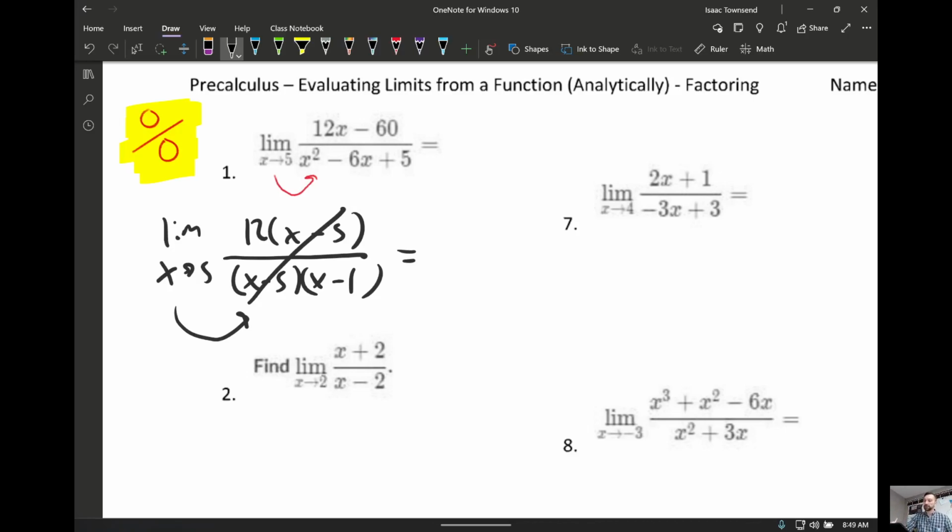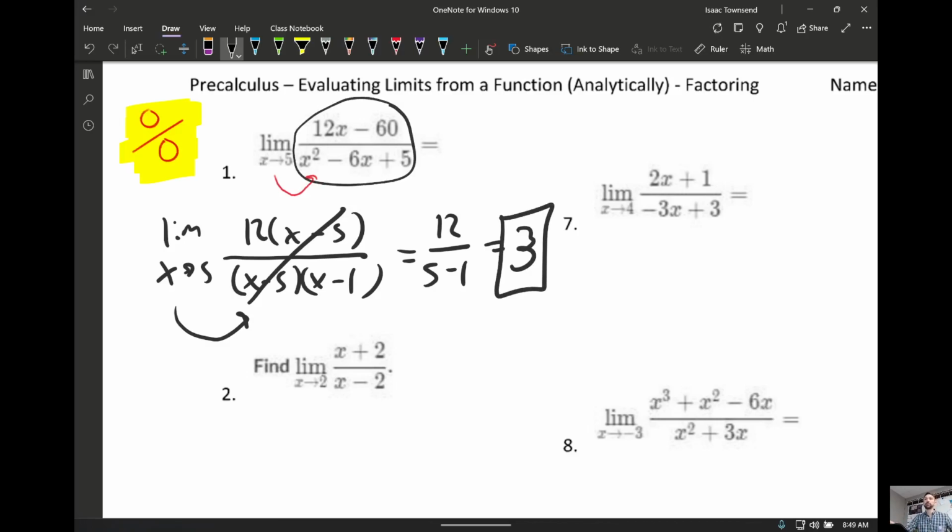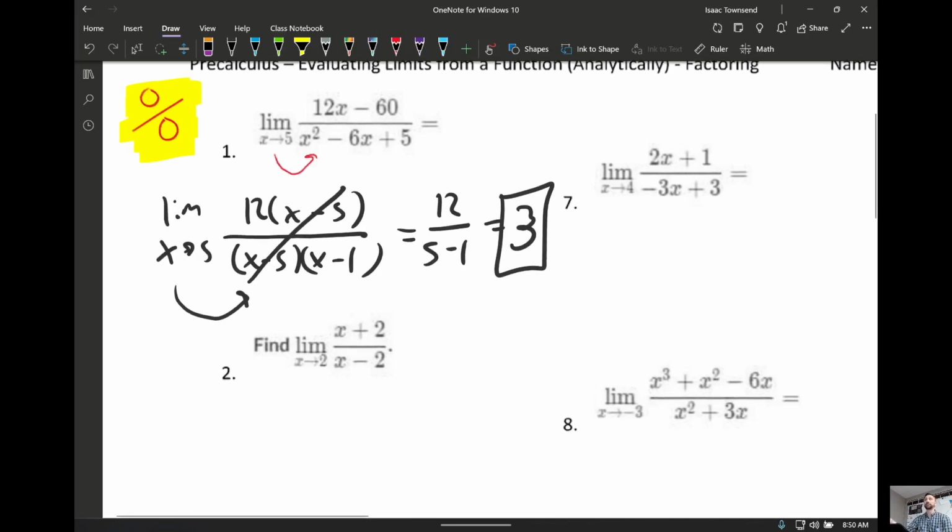Plug it into what's left over. 12 over 4 should give you 3. That means that this function approaches a y value of 3 from the left and right as x gets closer to 5. That's what we're describing when we say the limit.